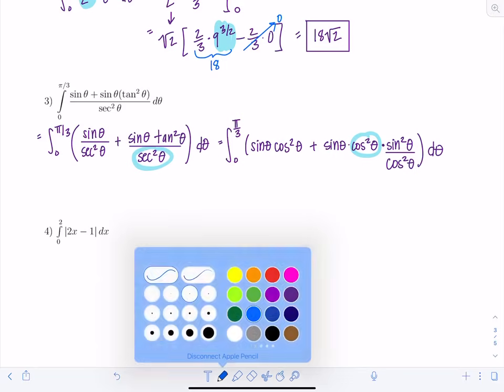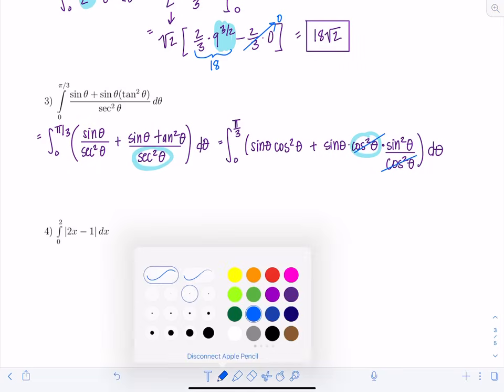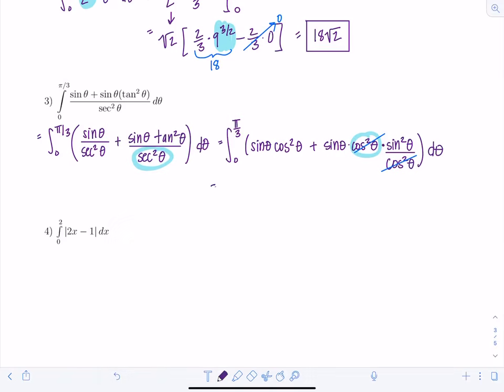All right, now look, these cosine squared thetas cancel out, so that's nice. And I have the integral from 0 to pi over 3 of sine theta cosine squared theta plus, here's the sine theta, here's the sine squared theta, so that leaves me with sine cubed theta d theta.